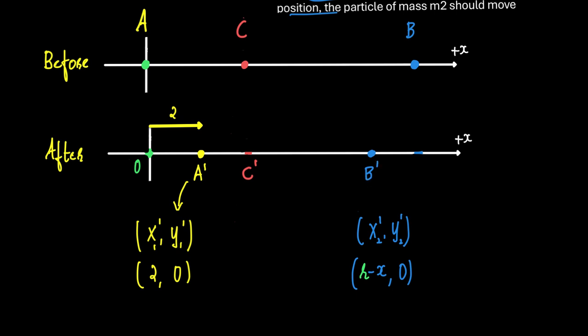Coordinates of B dash, X2 dash, Y2 dash. Now what is the value of X1 dash and Y1 dash? See, since this particle is moved 2 centimeter along the positive x-axis, the coordinate x1 dash here should be equal to 2, and since A dash is on the x-axis, the y coordinate should be equal to 0. Therefore, y1 dash is equal to 0.